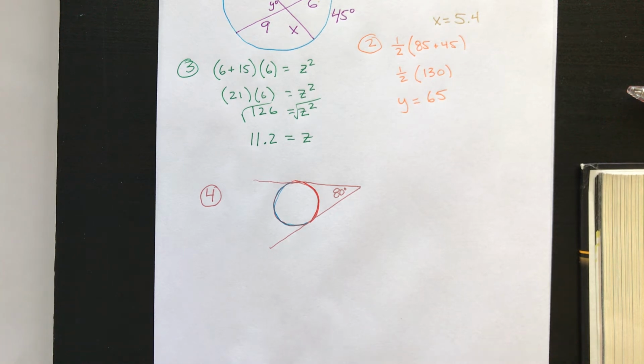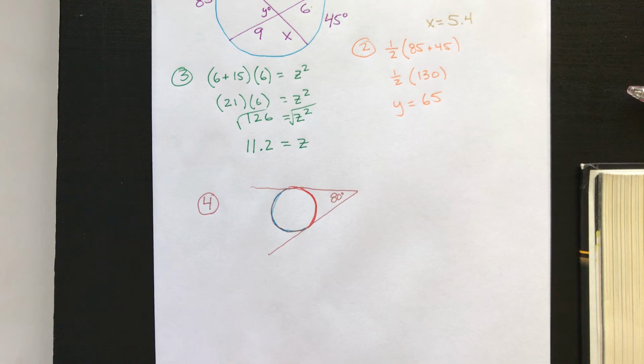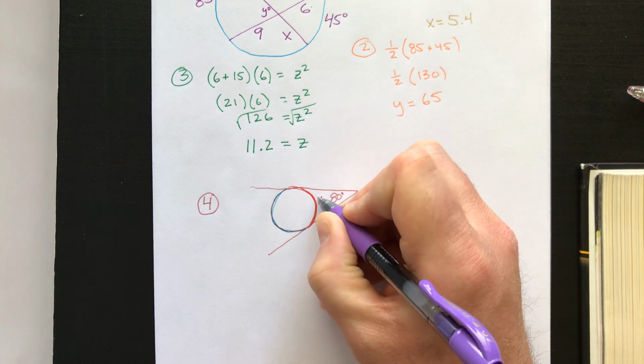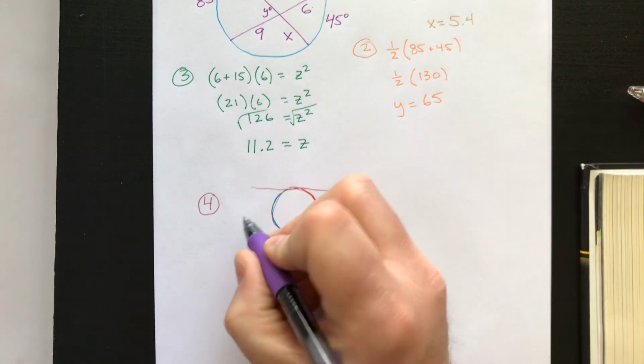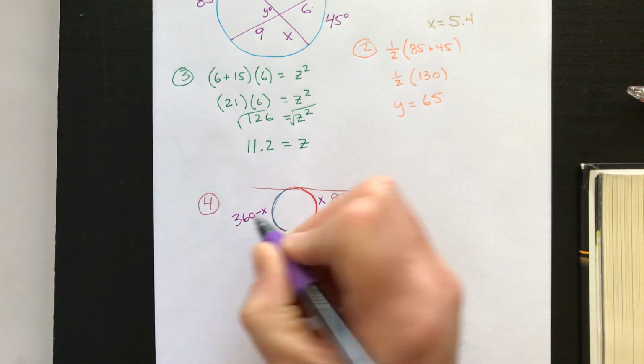So we know that the distance all the way around a circle is 360 degrees. All right? So if we call this x right here, all right, then this is going to be 360 minus x. All right.